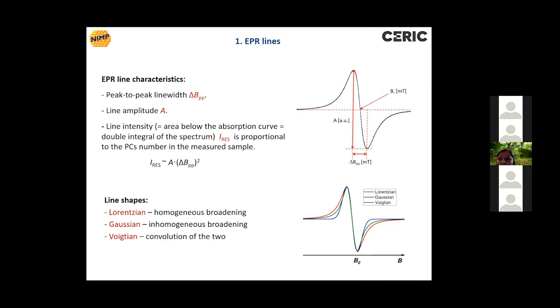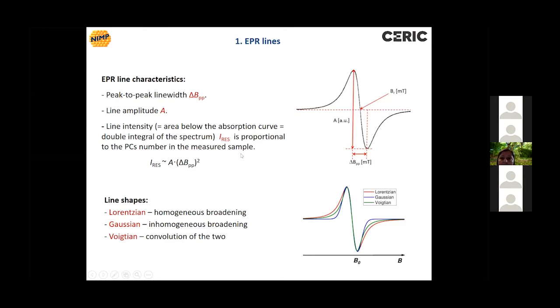You measure the peak-to-peak line width, because this gives you information about the relaxation process, and the amplitude of the line, but you also calculate the line intensity by double integration, because the intensity is the area below the absorption curve, or just using an approximate formula.